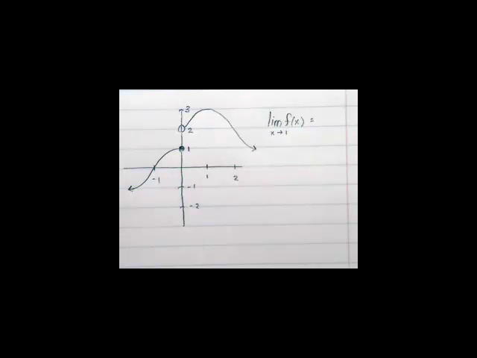As x gets closer and closer to 1, what does the value of y get closer and closer to? 3. As we get closer to an x value of 1, where's the y value? Up at 3, right? So this is equal to 3.